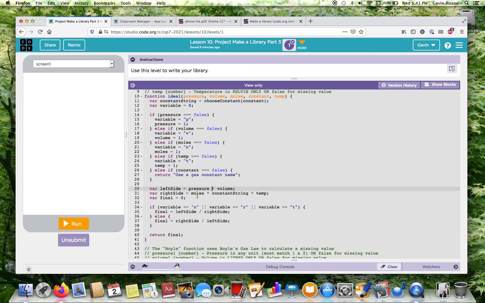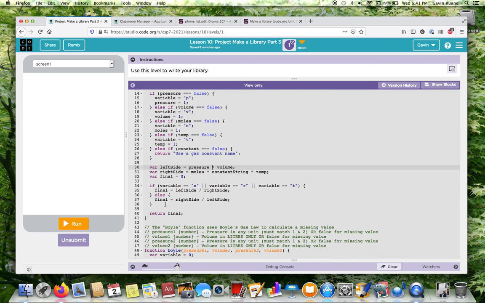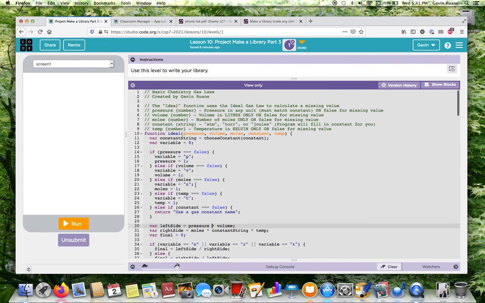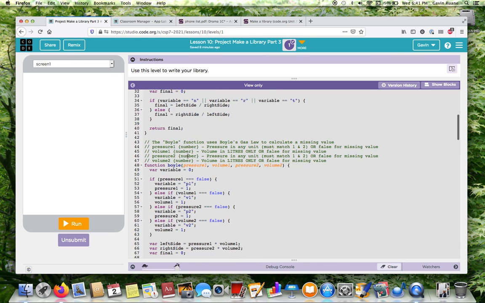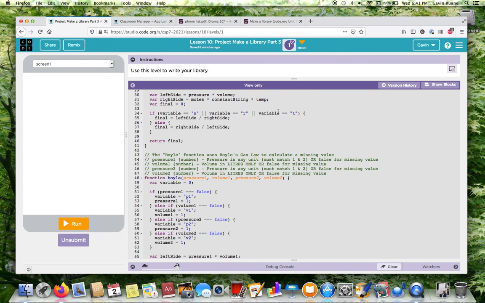Then I set final equal to 0. Now, here is where it gets into the solving. If the variable is equal to, so our variable is P for pressure. If the variable is equal to, okay, well, it's not any of those. That's if it's on the right side, so we can skip that one. But if it's equal to P, then it's going to set final equal to right side divided by left side. This is, again, just a math thing.